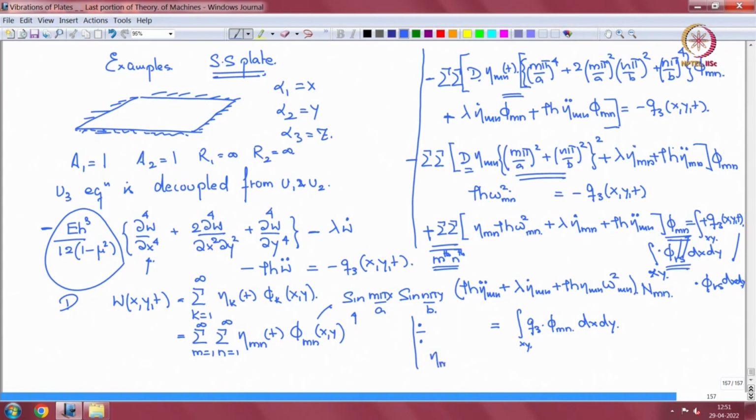So I get eta mn double dot, and I will write it as twice zeta mn omega mn eta mn dot plus eta mn omega square mn is equal to 1 over rho h n mn integral xy q3 phi mn.